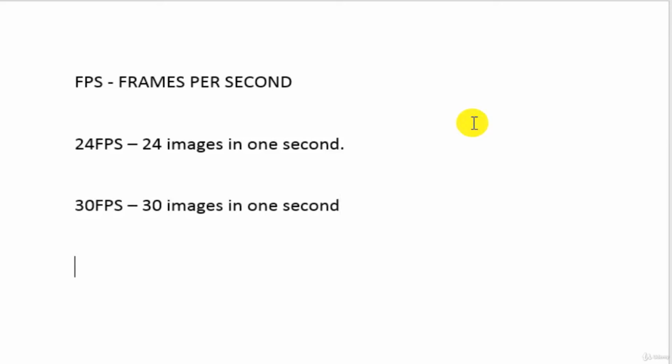There also might be a video with 29 FPS, which again means 29 images in 1 second, which when run together would create a video.